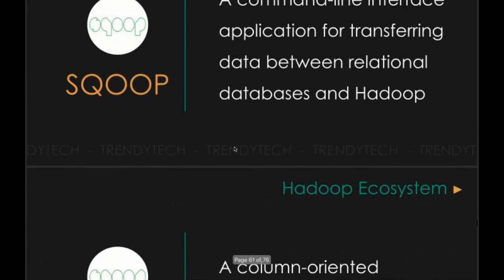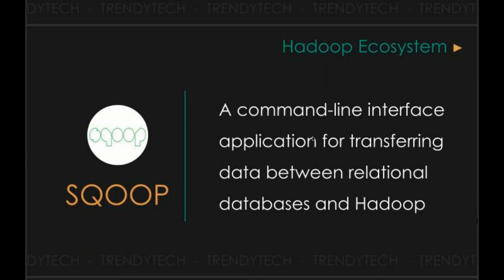Let me go back to this Sqoop. It is a command line interface application for transferring data between relational databases and Hadoop. That means if your data is in MySQL or Oracle or any other database and you want to bring it to HDFS, because when we say Hadoop, where is the data kept? It is in HDFS. So Sqoop is to transfer data from traditional databases to HDFS.